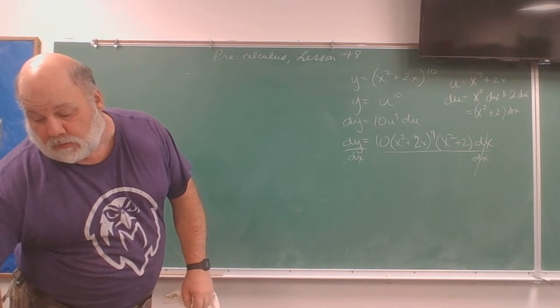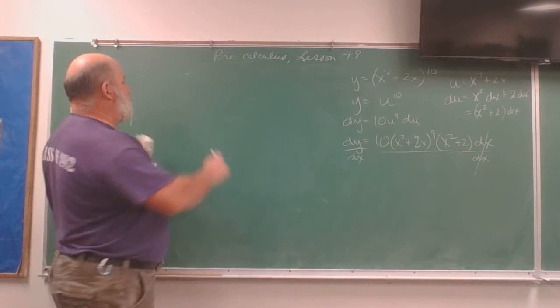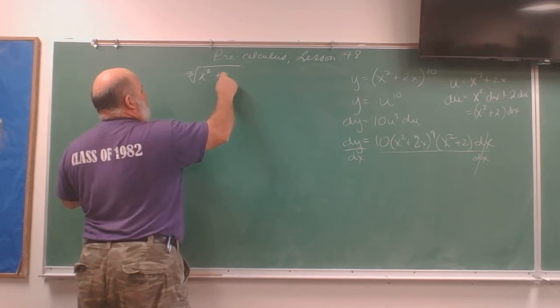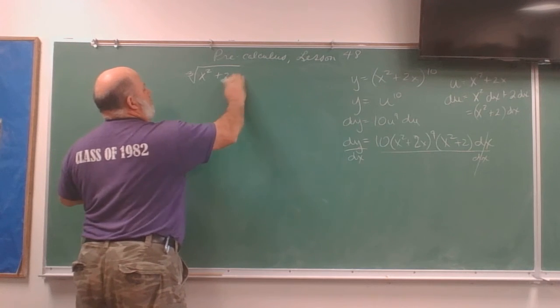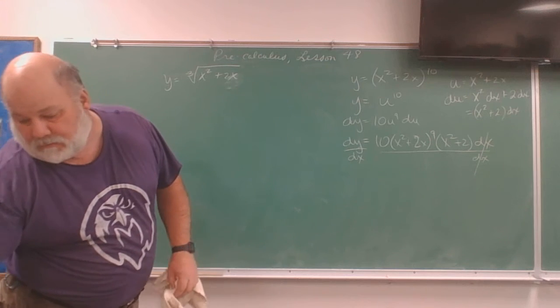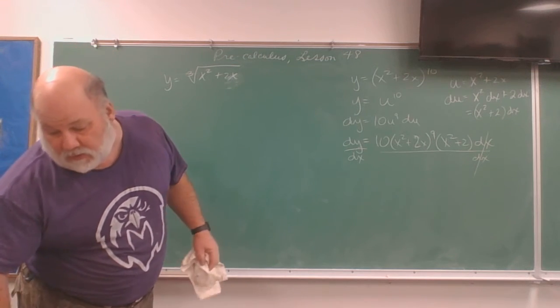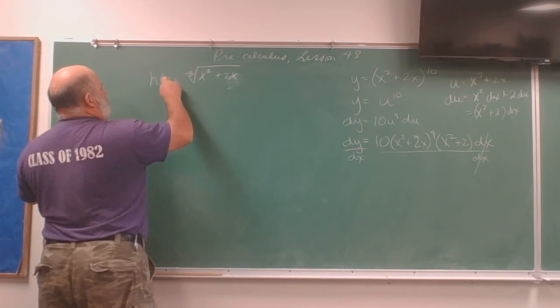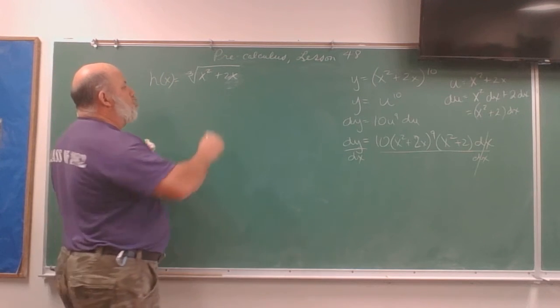48.2 says the cube root of x squared plus 2x. Oops. y equals. Well, what do they want? They say find h prime of x. Oh, okay, it was h of x. Again, they want the derivative.